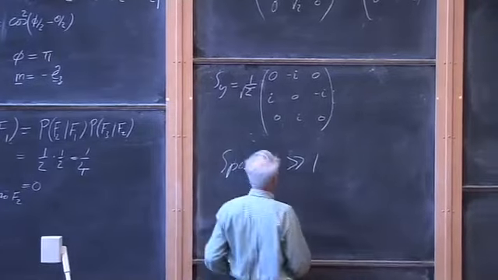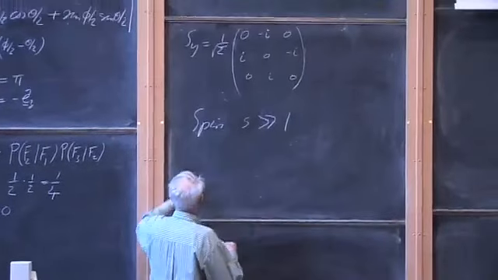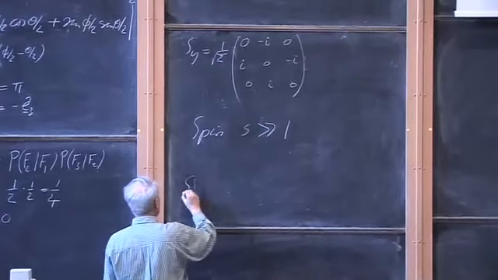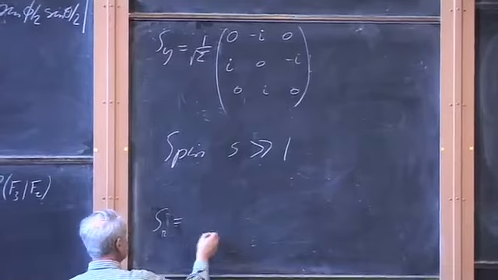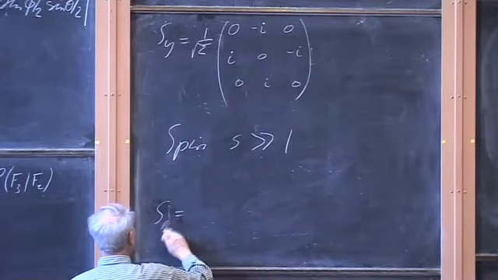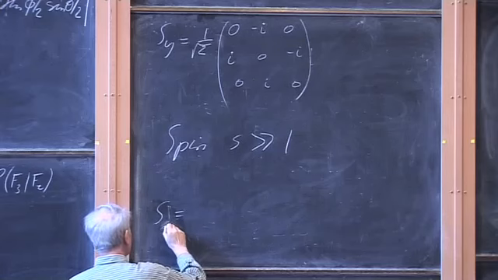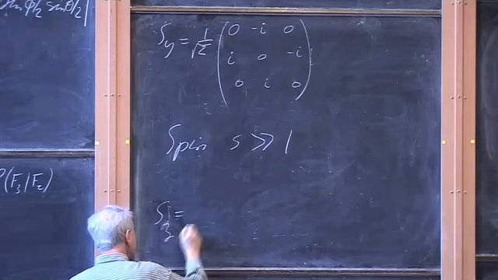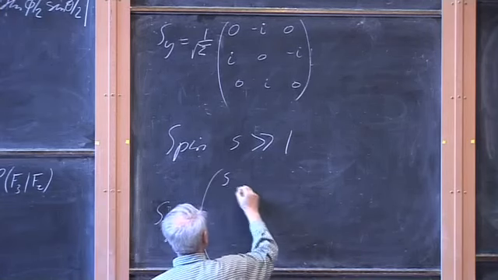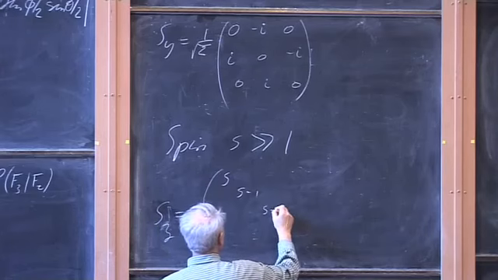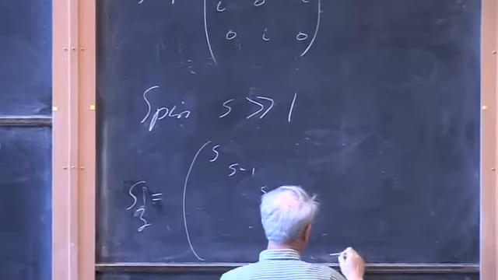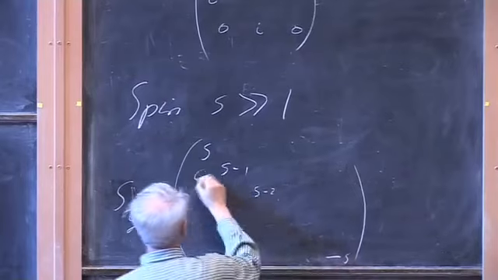Everything we've done carries over absolutely straightforwardly. We have that Sz in this case is going to be S, S minus 1, S minus 2, down to minus S along the diagonal.